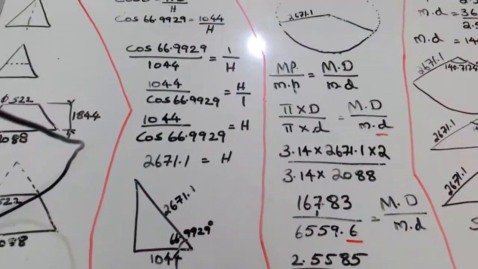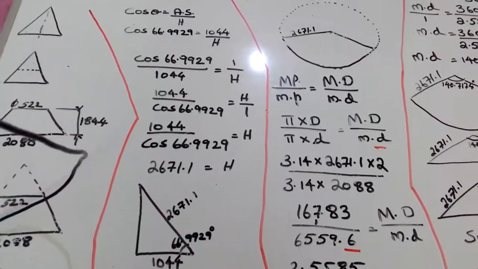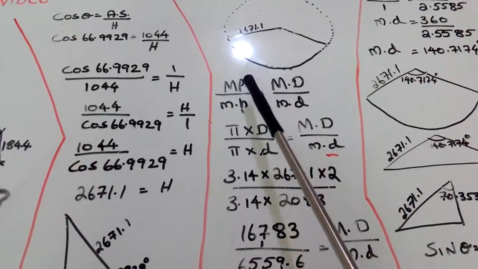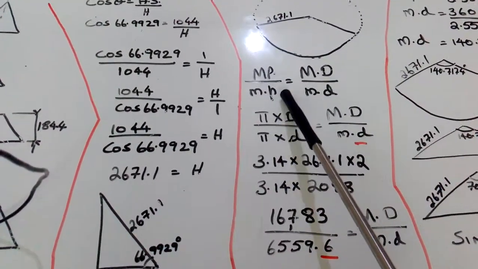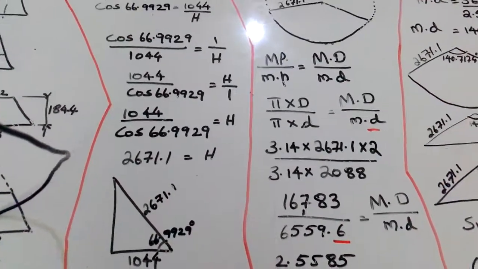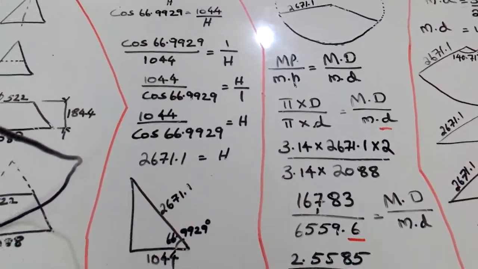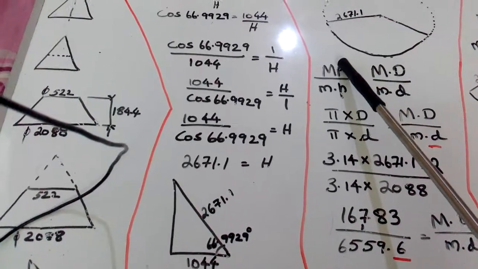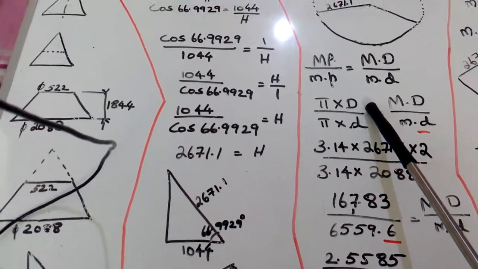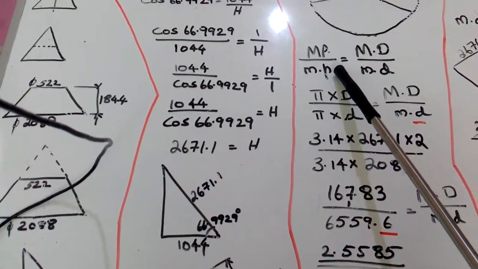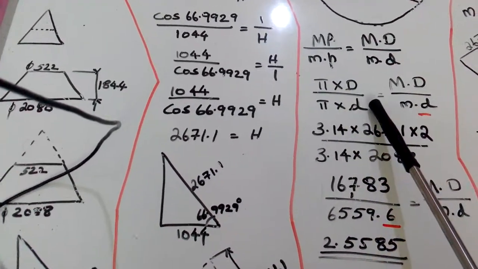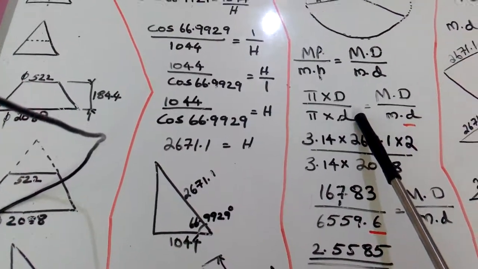So we can just calculate this. For finding out perimeter, we have to use the formula pi d. Everybody knows it. It may be major perimeter, it may be minor perimeter. Anyway, for finding out perimeter, we use the formula pi d. Here capital letters are there, so I have used capital letters for pi D. Minor perimeter is in running letters, so here I have used running letters.